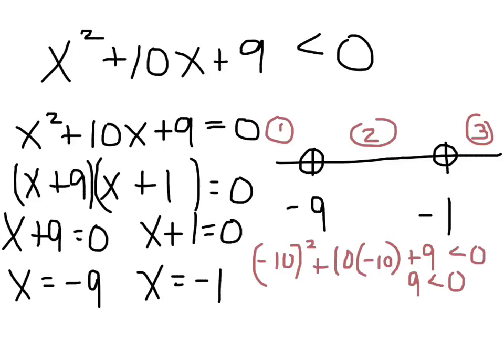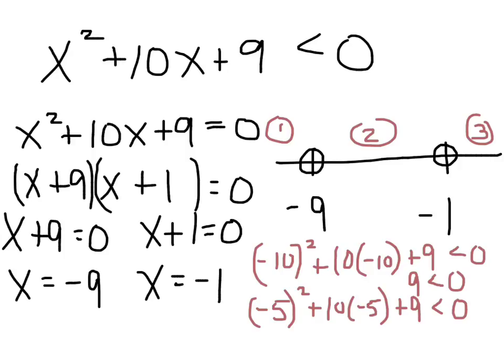What's the number between negative 9 and negative 1? Negative 5. Negative 5 squared plus 10 times negative 5 plus 9. What's negative 5 squared? 25.